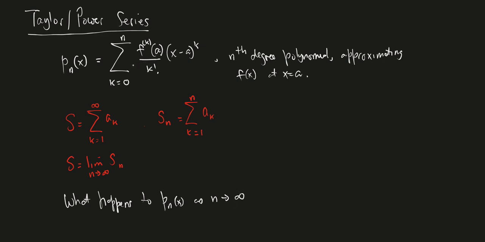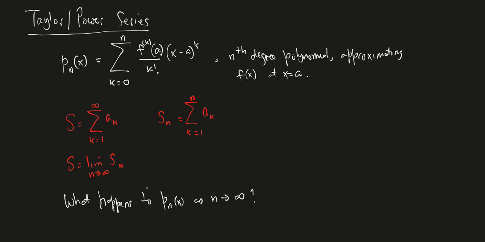But then the thing is, if n goes to infinity, we can't refer to it as a polynomial anymore, because a polynomial must have a finite degree. It must have a highest power of x. We love to say that about our polynomials. Well, if we let that highest power of x go to infinity, then suddenly there is no highest power of x.